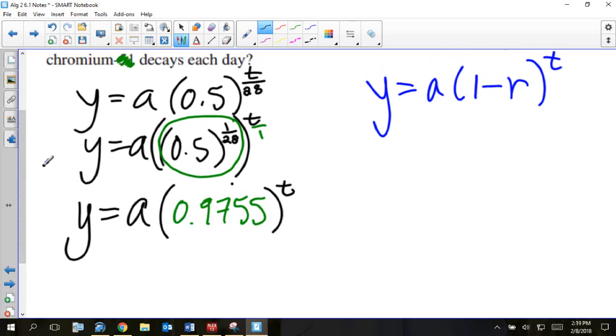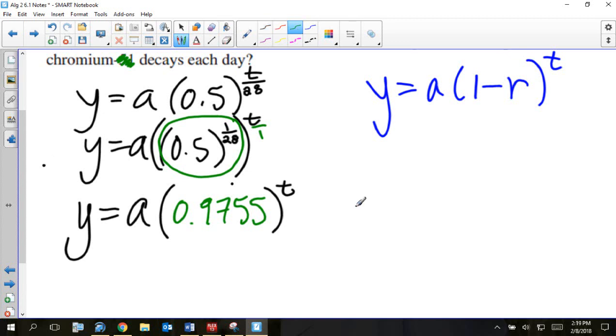We almost have it looking like the model. At this point, 0.9755 is the same thing as 1 minus r, because our A is the same and our t is the same.